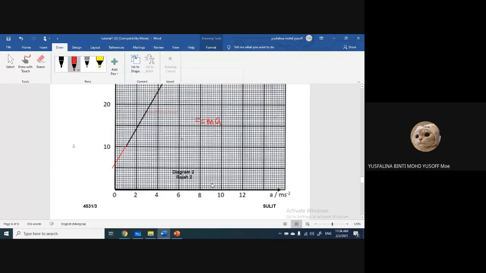After that you read the point where the line intercepts the y-axis. So what is the value there? You can see this is 20 small boxes, so it means 10 divided by 20. What is 10 divided by 20? Use your calculator.